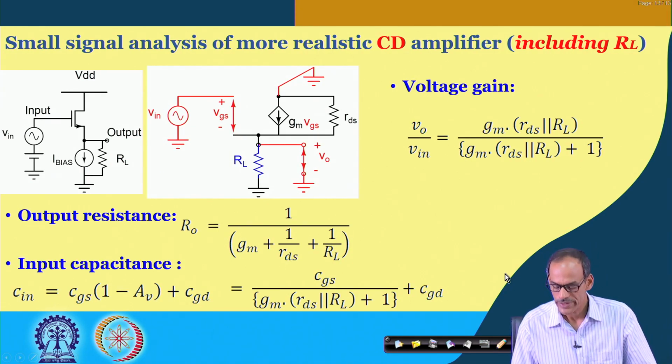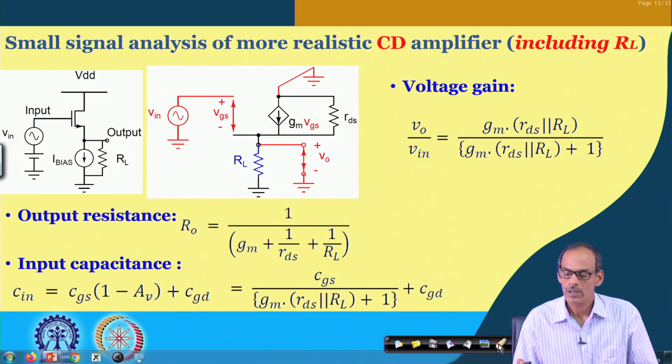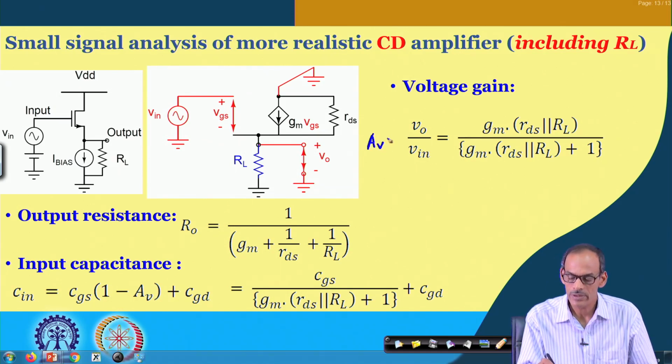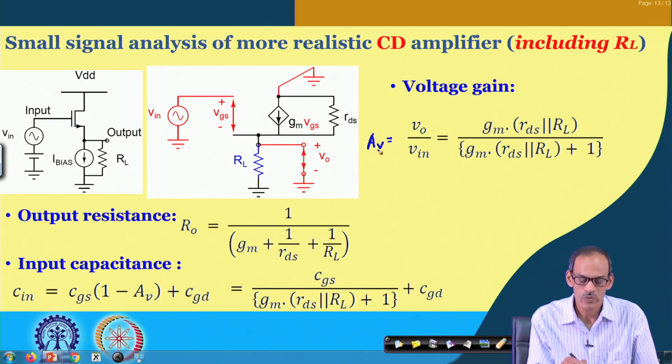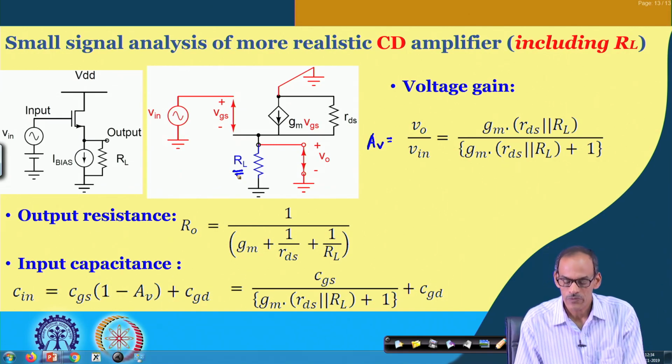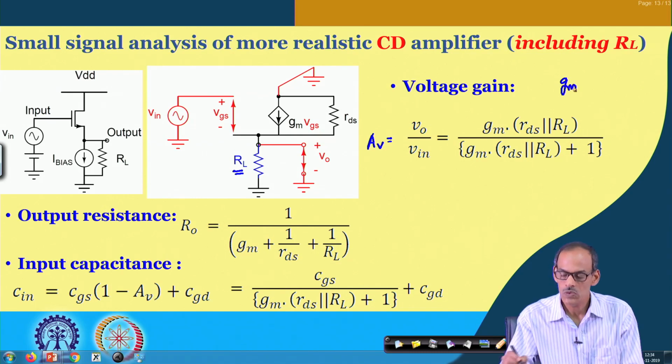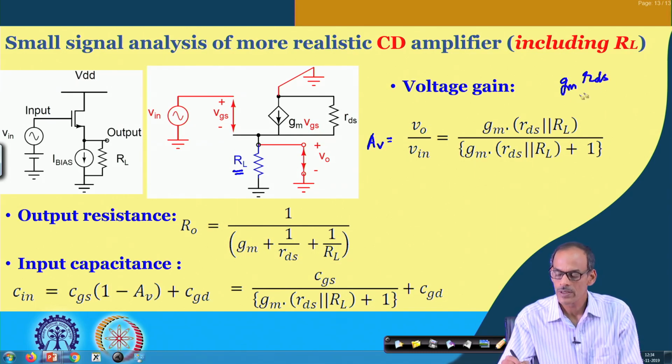So, the common drain stage considering RL, its voltage gain is given here. Again, you may recall the previous analysis where we have not considered RL. For that, the voltage gain was Gm into RDS divided by Gm into RDS plus 1.